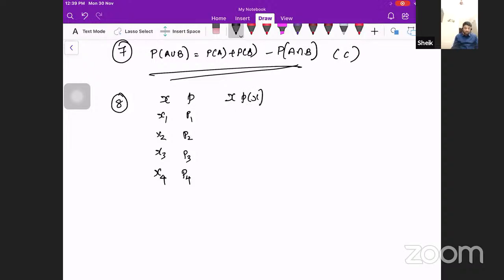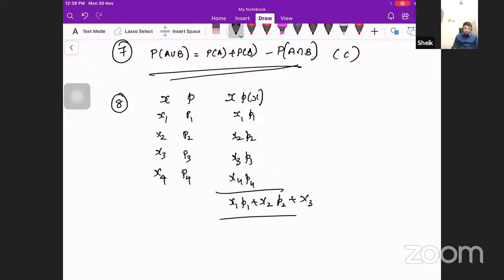That means x1 P1, x2 P2, x3 P3, and x4 P4. Now its sum is our answer: x1 P1 plus x2 P2 plus x3 P3 plus x4 P4.